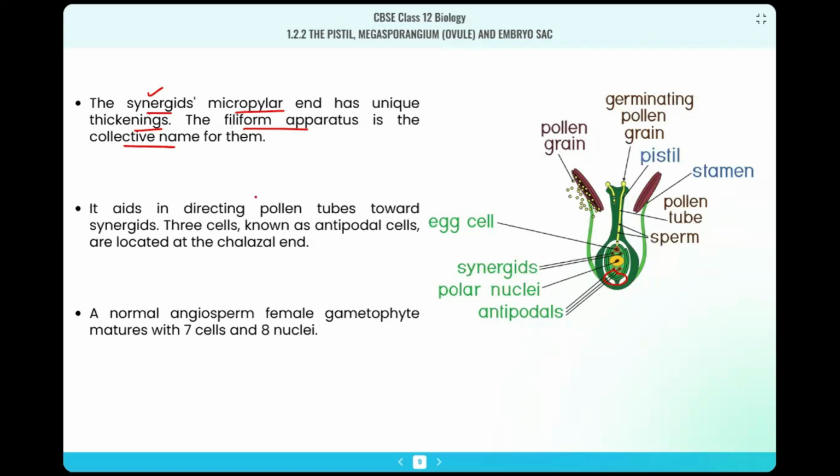It aids in directing the pollen tubes towards the synergids. Now, the three cells known as the antipodal cells are located at the chalazal end, and a normal angiosperm female gametophyte matures with seven cells and eight nuclei.